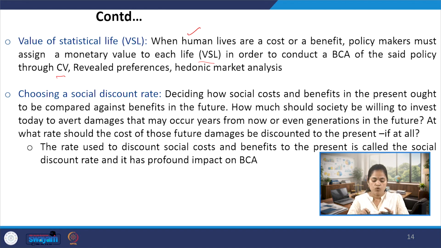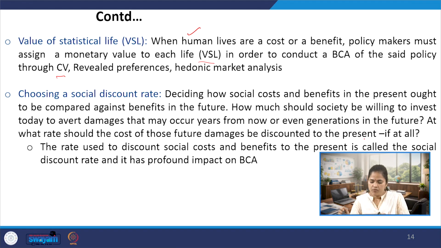The question required to understand this concept could be: how much should society be willing to invest right now, today, to avert the damages that may occur years from now, or sometimes we can think about even generations in the future, right?